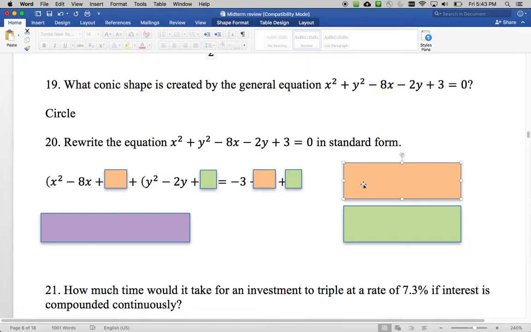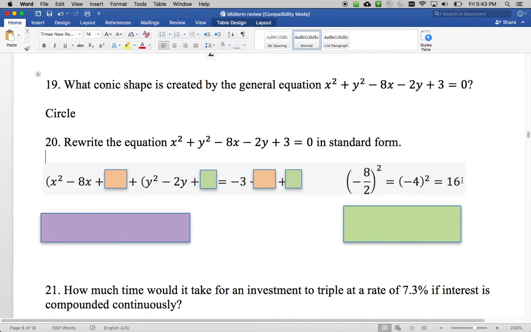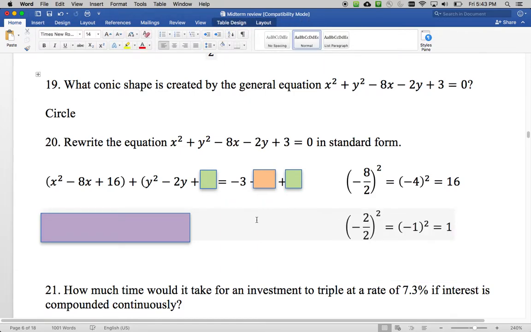We are going to take our middle term, the negative 8, divide it by 2 and square it, and that will give us negative 4 squared, and when we square negative 4, we get positive 16. So here we're going to add 16. Let me just uncover that since I already did it. So we add 16 over here because we add it over here. We have to add it over here.